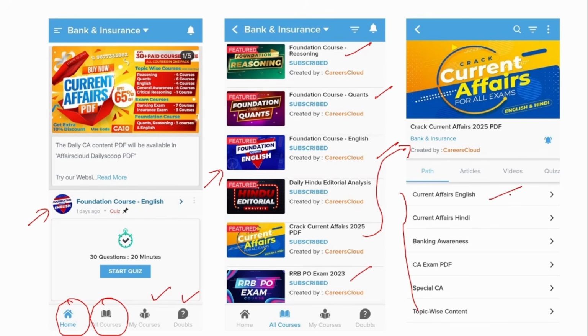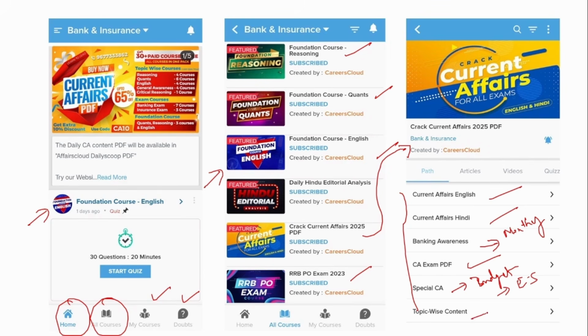Here, the current affairs will be available in English medium, this under Hindi medium, and here under banking awareness, we will provide you the monthly compilation of the banking news and current affairs exam PDF, and also special current affairs, which includes mainly the Union Budget and the Economic Survey, which is very important from the exam perspective.